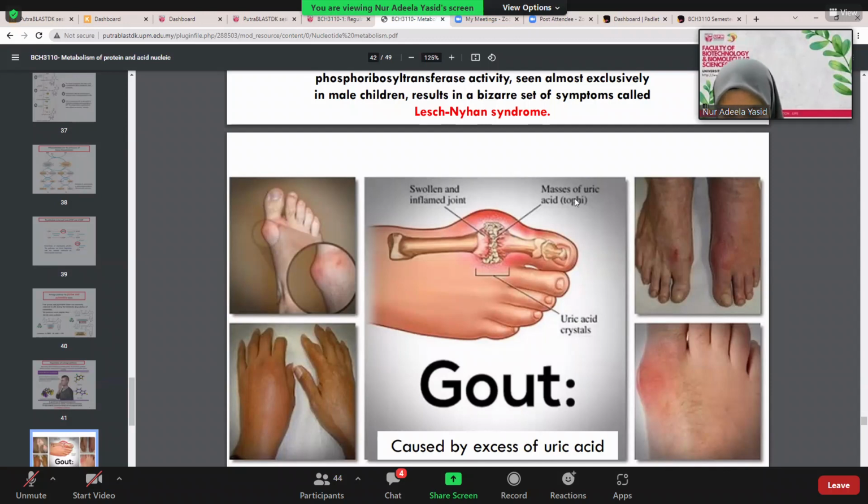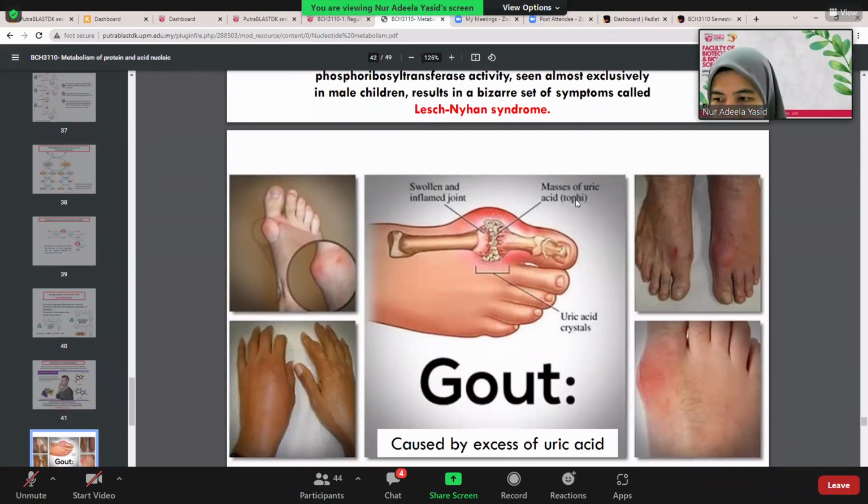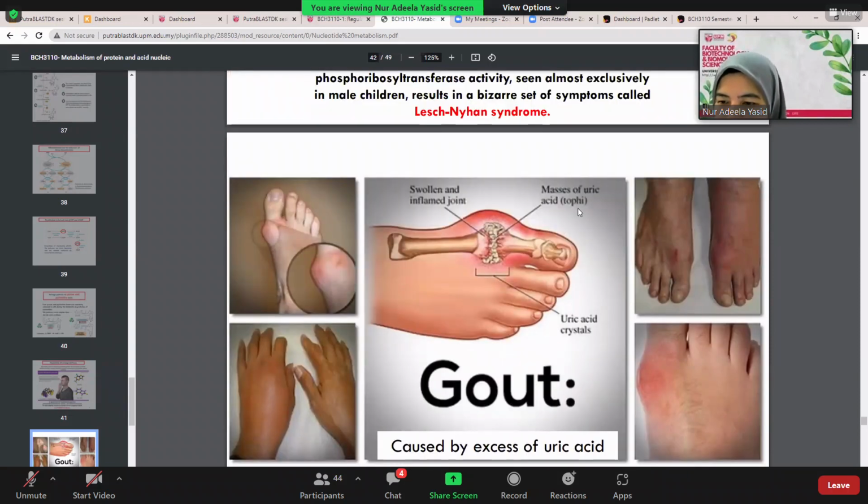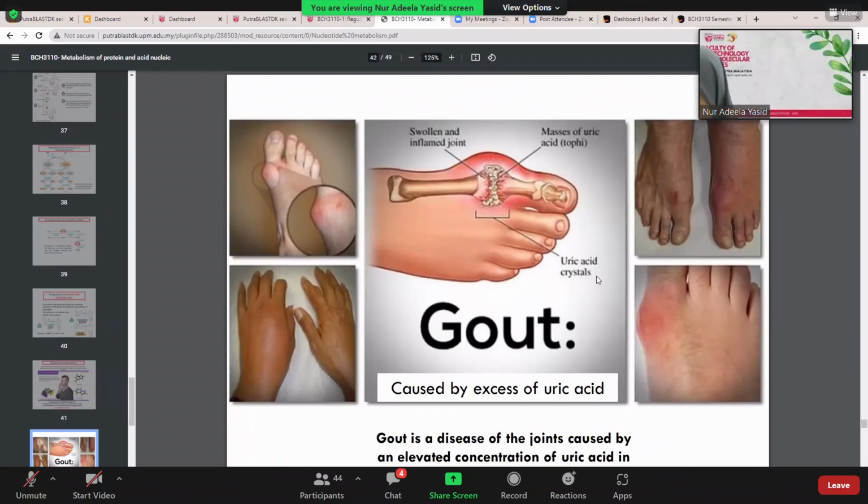It causes these uric acid crystals. Then all this pain pada inflamed joint is caused by these uric acid crystals that accumulate dekat sini lah.